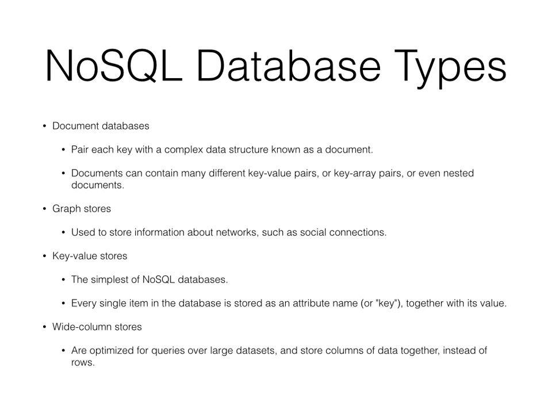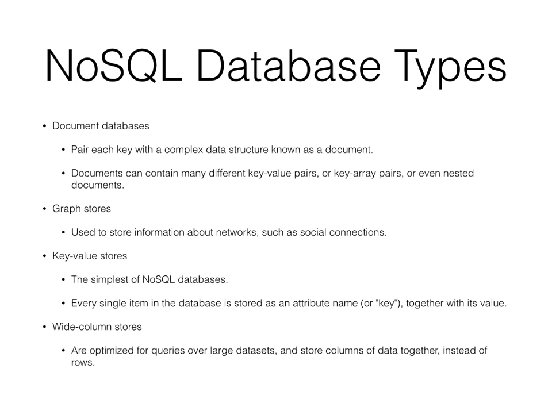There's also graph stores, which are a little bit hard to conceptualize as well, which are mainly there to mine information about relationships. So by definition, graph stores are used to store information about networks, and social connections are a good example of that.